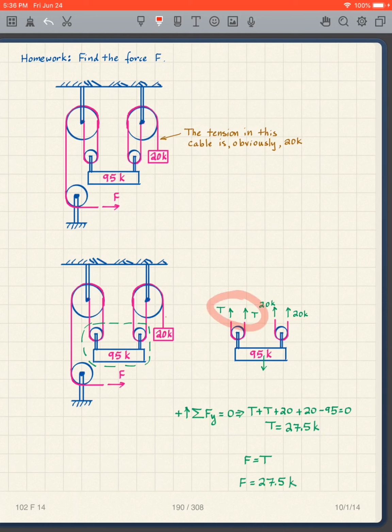This is going to be my T1, or I just called it T at this point. And I show the 95 kips, of course. So I have T plus T, 20 plus 20, minus 95 equals 0. I get T is equal to 27.5 kips, which means that this F is going to be 27.5 kips.